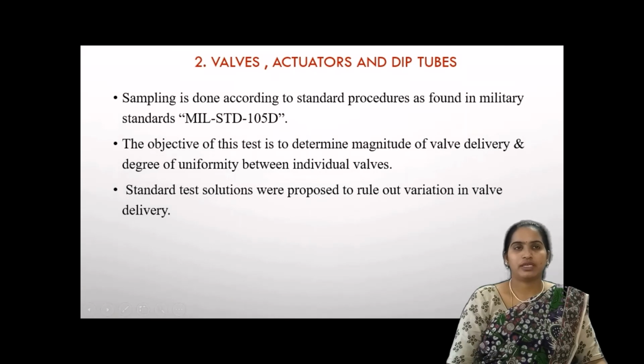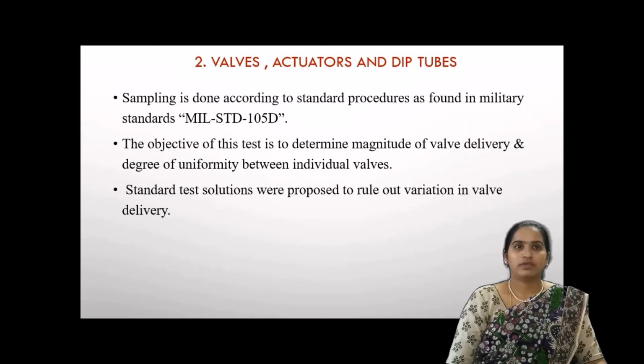Next quality control test, testing of valves, actuators and dip tubes. The performance of valves, actuators and dip tubes is to be determined. For the testing of valves, normally sampling is done according to the standard procedures as found in military standards.